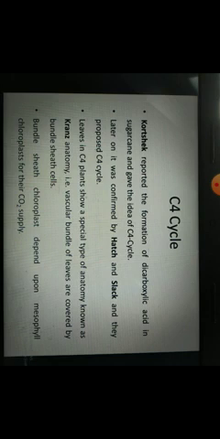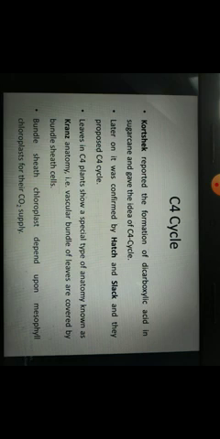Leaves in C4 plants show a special type of anatomy known as Kranz anatomy. What is Kranz anatomy? The vascular bundles in the leaves of C4 plants are covered by bundle sheath cells, and those bundle sheath cells also contain a special type of chloroplasts. This special anatomy is known as Kranz anatomy. These bundle sheath chloroplasts depend upon mesophyll chloroplasts for their carbon dioxide supply.